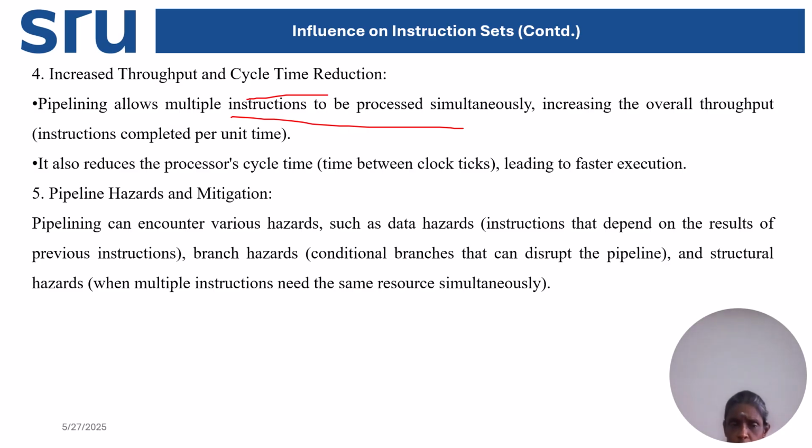The types of hazards are, first one, data hazards. Data hazards means, suppose the first instruction is performing an add operation. The result of the add operation is given as input to the second instruction, so the first instruction should be executed in correct time and supply the result to the second instruction as early as possible.